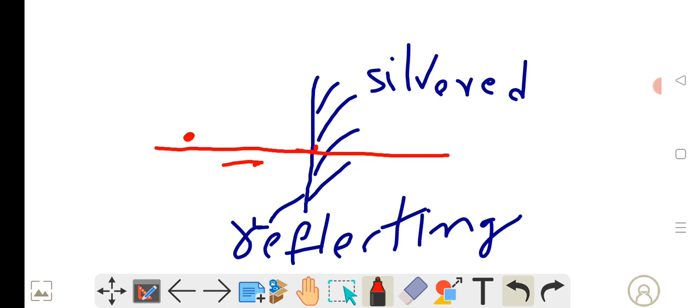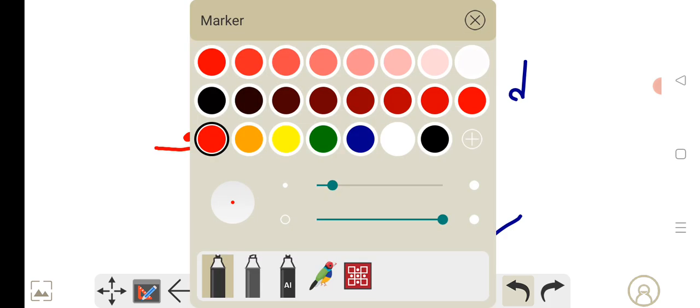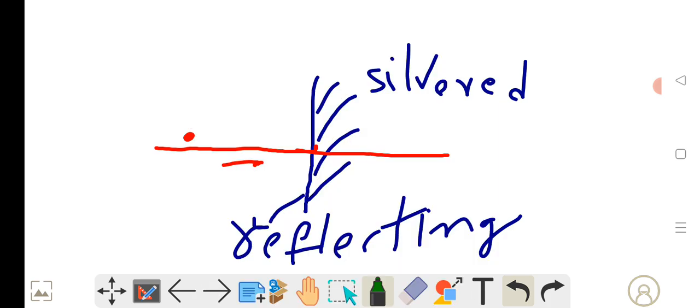On the normal I will consider either a point object or an extended object, whatever you want you can consider. First I am considering a point object. Now from the object you have to take the incident rays.